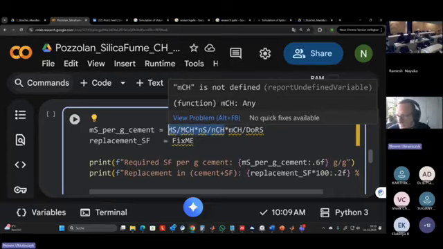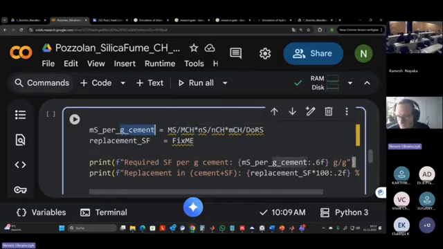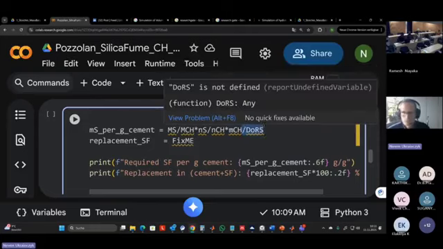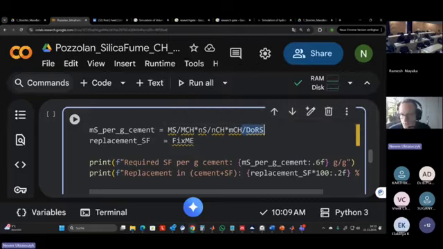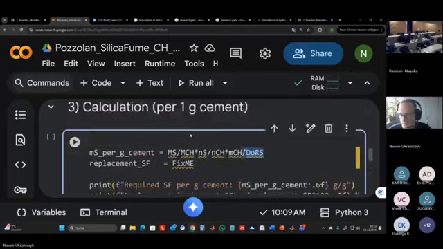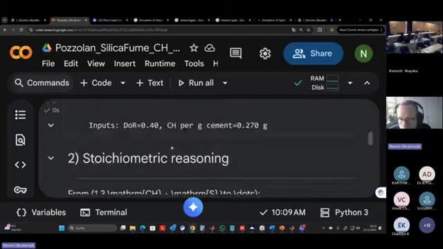And then this gives us the stoichiometric amount of grams of silica fume that reacts with portlandite, so per gram of portlandite. And then we multiply by how much portlandite per gram of cement, then we get the unit per gram of cement. And we divide everything by the degree of reaction of silica fume, because then we need just more silica fume.